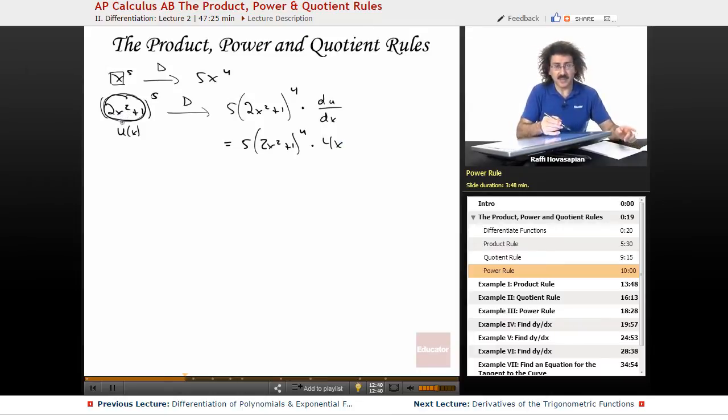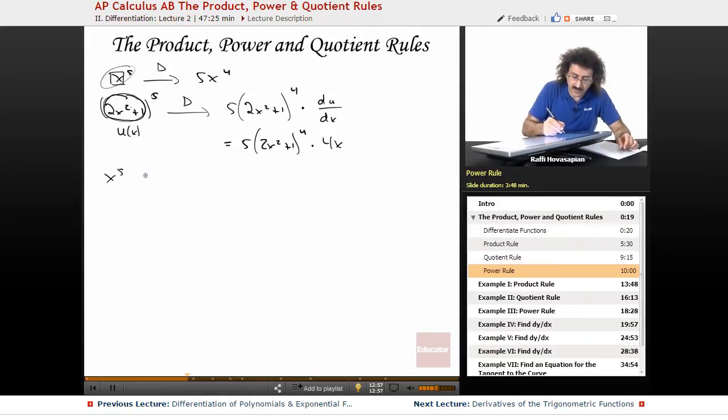So it's just that extra step. When the thing that you're actually raising to a power is a full function of x, you have to take the derivative of that function. It's actually the same thing here. Really what we're doing here is actually a special case of this. X to the 5th, well, when you take the derivative of this, you're doing 5x to the 4th.